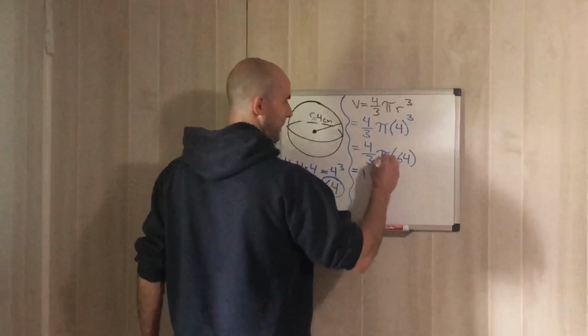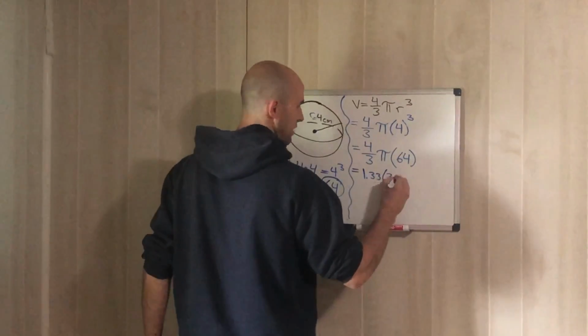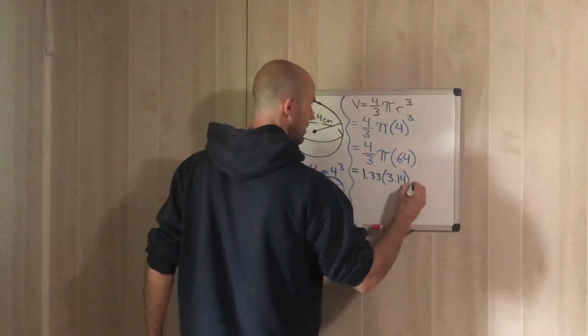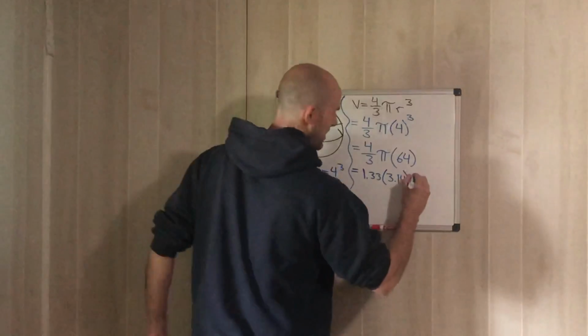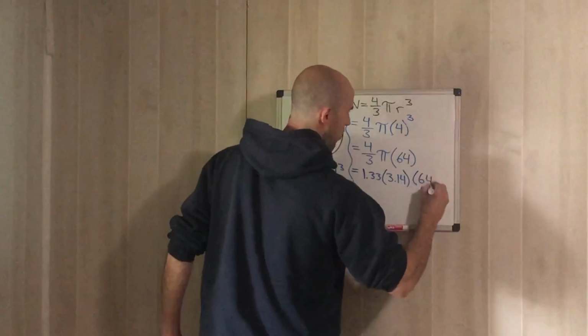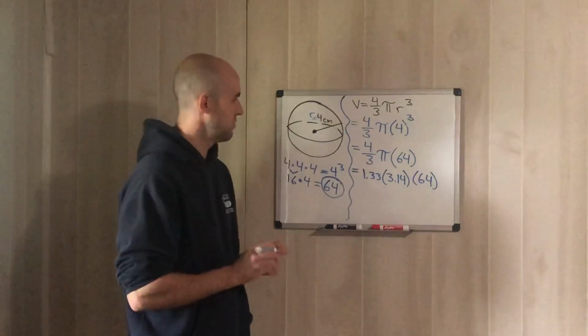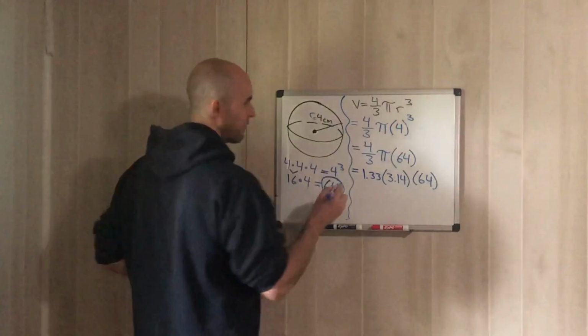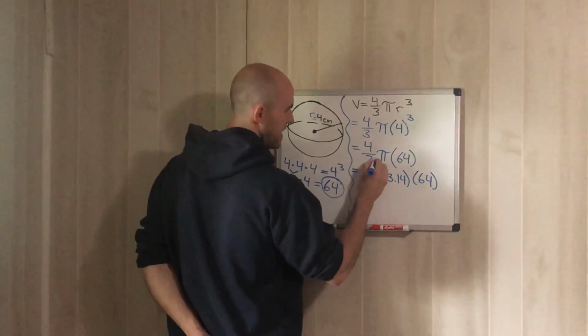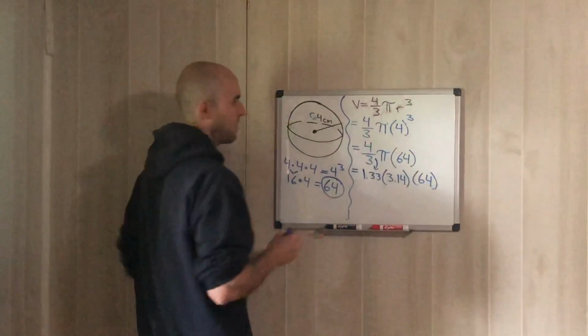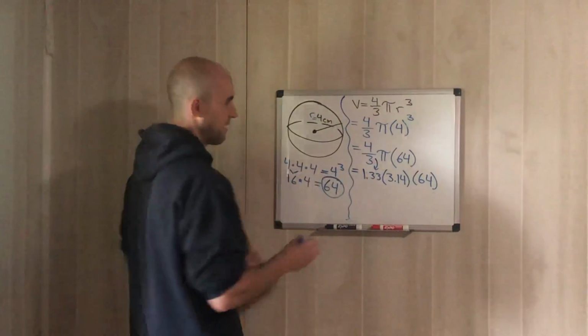We know that pi is 3.14, right? And 64 stays the same. Because now what we're going to do with all of these numbers, we're just going to end up multiplying them out. So just to show you again where this all came from, the 4 over 3, 4 divided by 3 gave us 1.33, right?